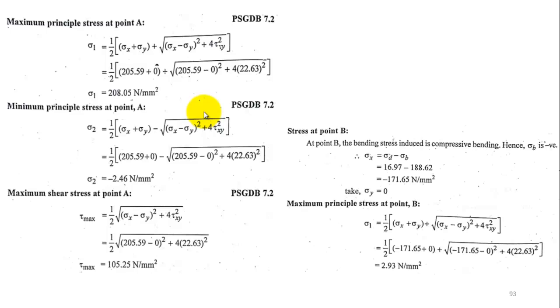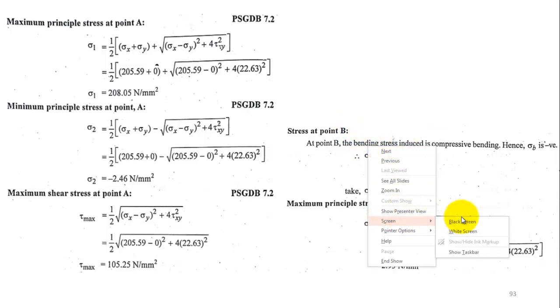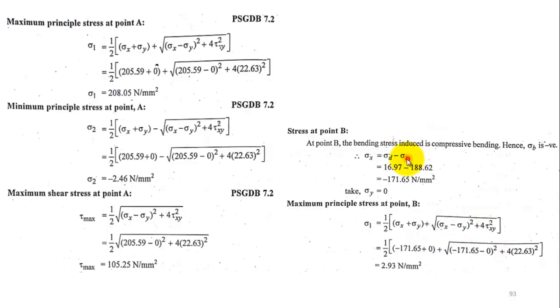Similarly, you have to find out the stress at point B. At point B, if you consider the normal stress due to sigma x, that is bending and direct stress, it will cause some component of normal stress of sigma x value.